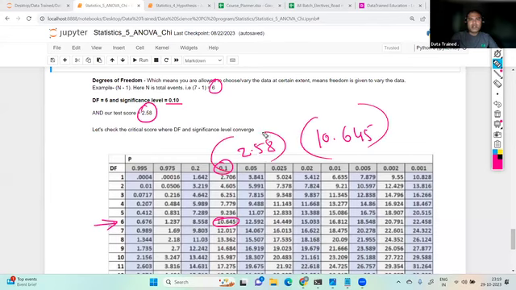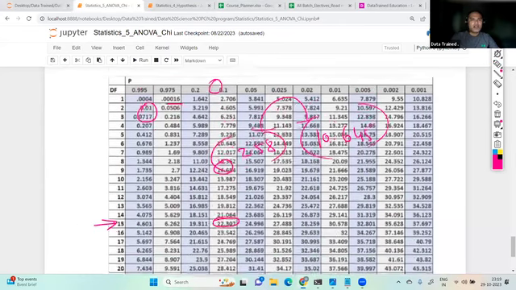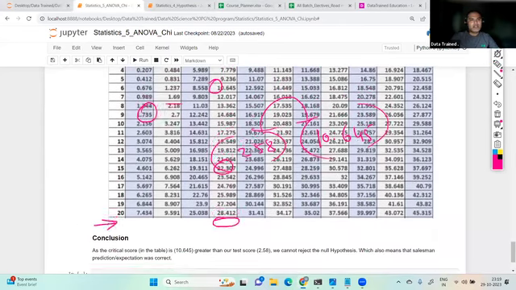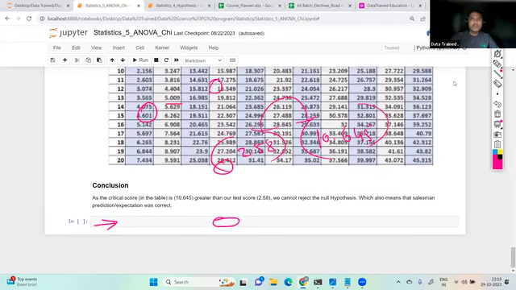So we are going to compare the number we got from our testing and the number in the chi-square table. The critical score in the table is 10.645, greater than our test score.